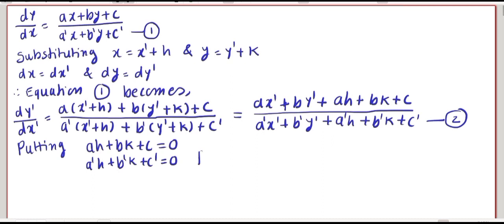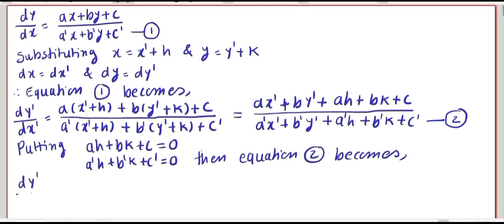equation 2 becomes dy dash by dx dash is equal to (ax dash plus by dash) divided by (a dash x dash plus b dash y dash), equation number 3.